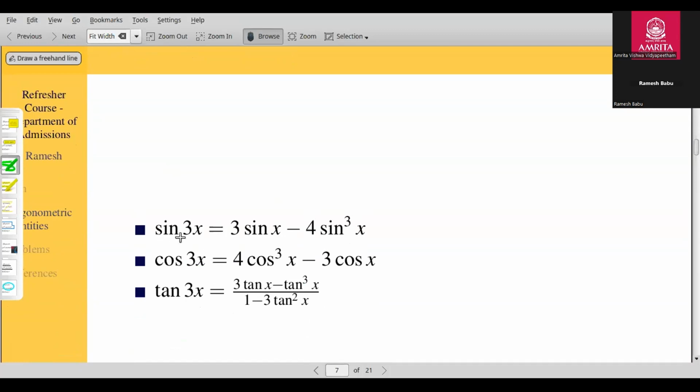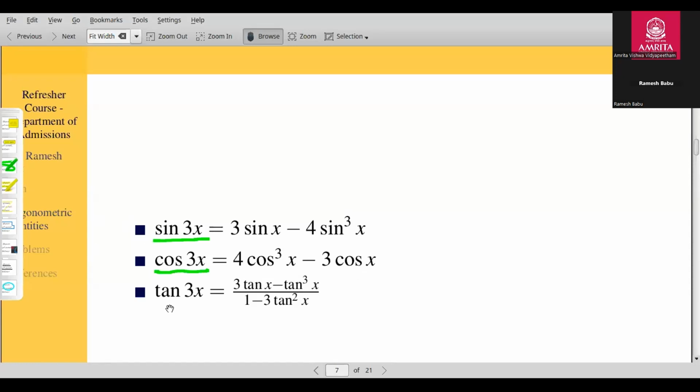This is three times of this angle, and this is nothing but three times of sine of one angle minus 4 sine cube x. And the second identity is cos of three times of this angle can be written as 4 cos cube x minus 3 cos x. So see the difference between these two identities.